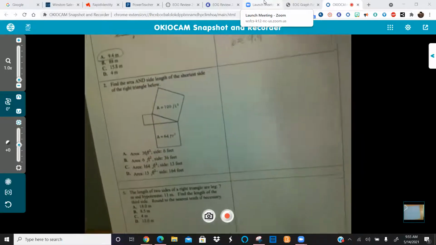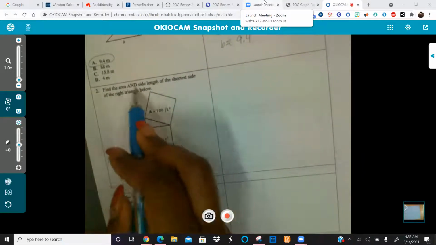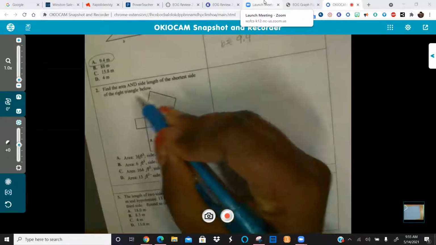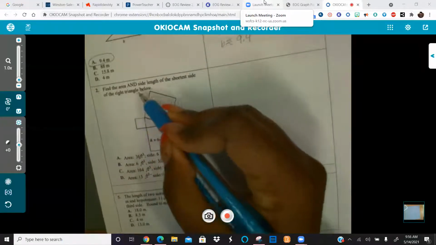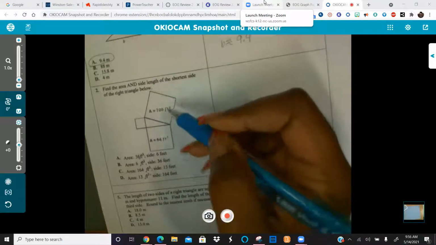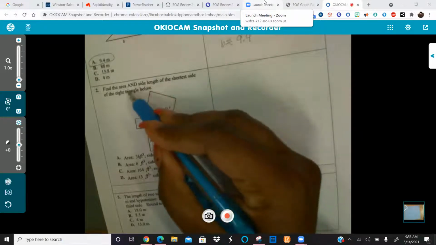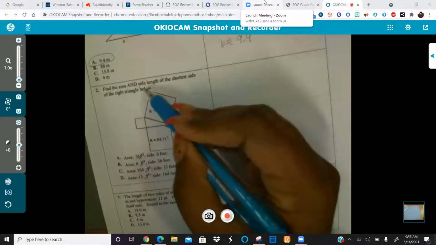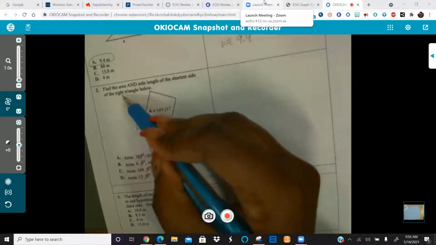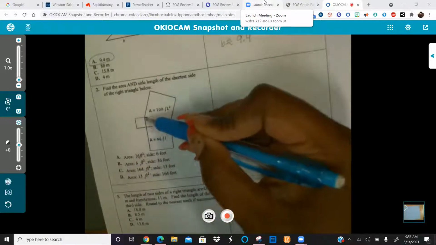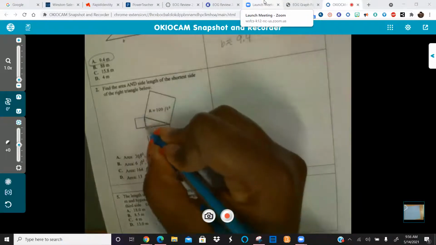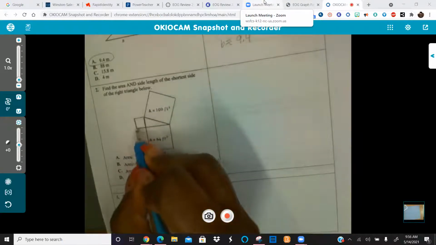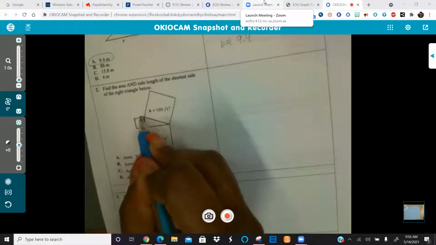All right, so number 2, it says, find the area and the length of the shortest side of the right triangle below. This is the right triangle right here. So we need to find the length of this side and the area of this square.